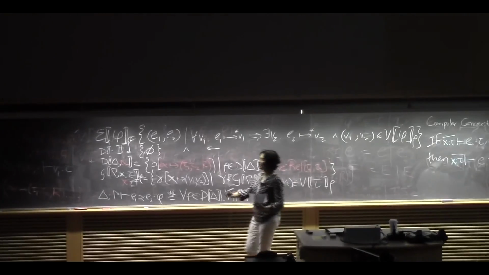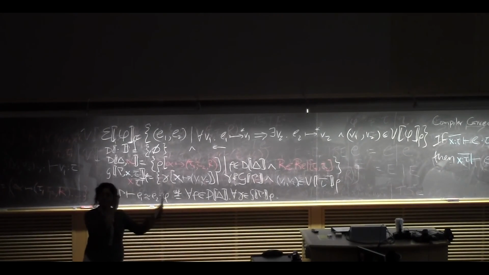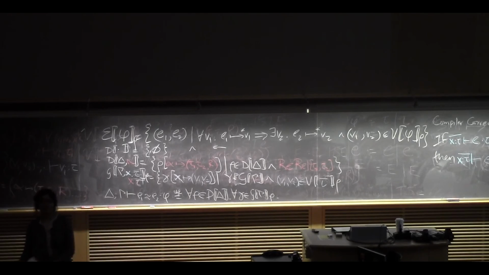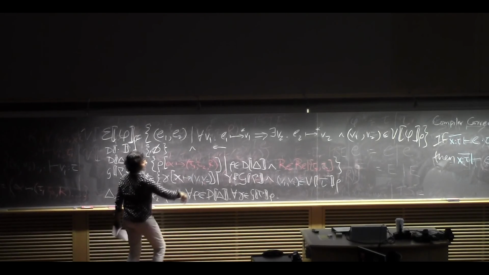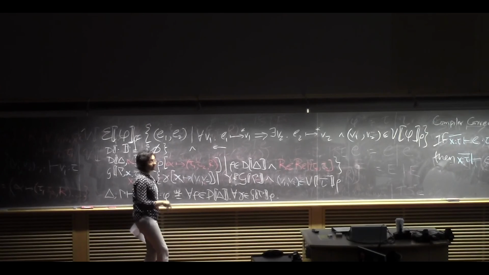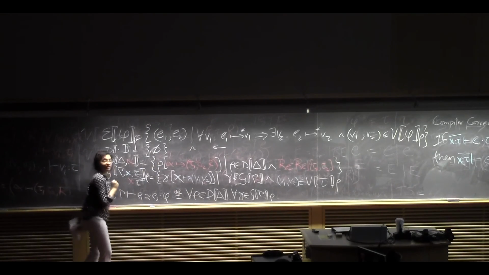Okay, so now that we have all that, we can close things off. I'm going to adopt the convention that I always write little gamma 1 to get all the values on the left, little gamma 2 to get all the values on the right. I'm going to do the same thing with rho. Rho 1 means get all the tau 1s. Rho 2 means get all the tau 2s, and use them to close off the free type variables that appear in these terms.